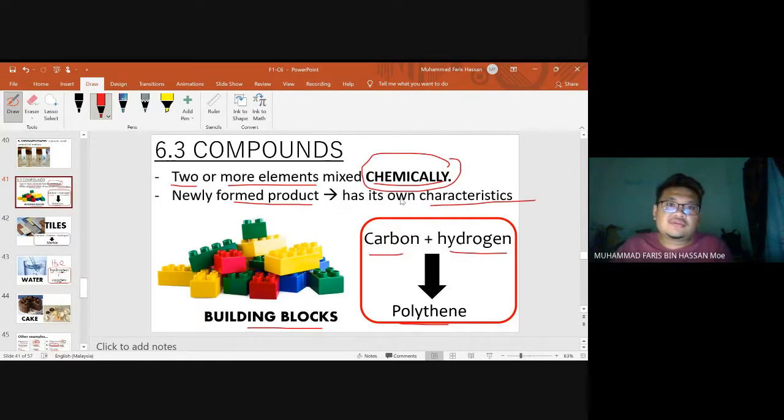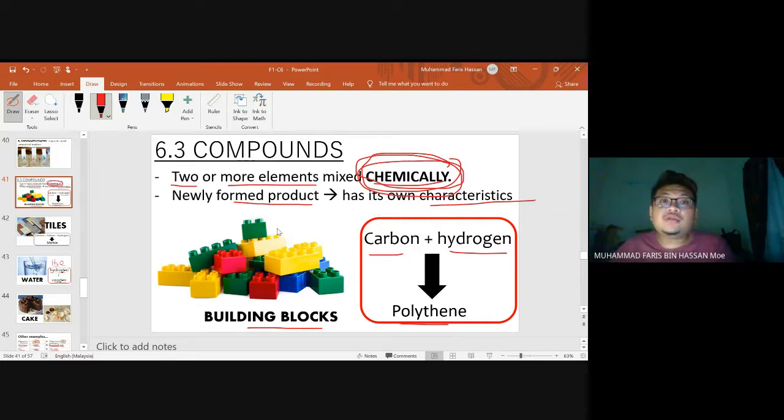So we know that a compound is two or more elements which mix chemically. This word chemically is important. If you don't use the word chemically, the answer is wrong. You have to use chemically. If you write physically, it means that you refer to the mixture.